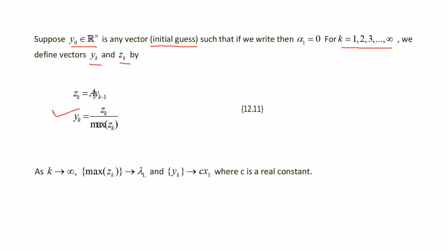As k approaches infinity, the maximum of zk will approach lambda 1, the largest eigenvalue, and yk will approach c x1, in which x1 is the corresponding eigenvector and c is a real constant.